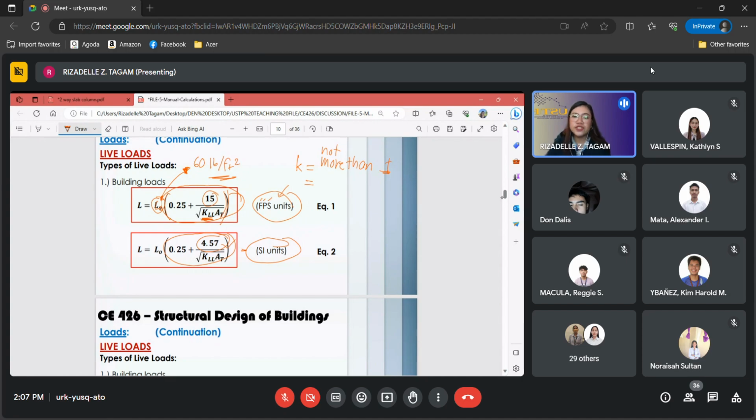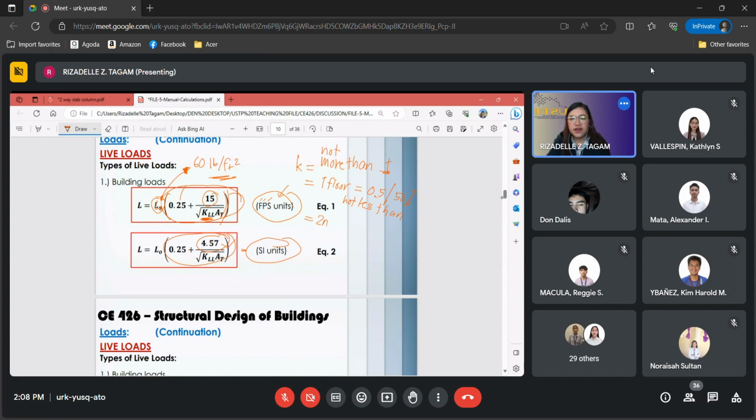And for members carrying 1 floor, it should be not less than 0.5 or 50%. So, dapat ang iyang reduction factor is 50% pataas. Okay ra.